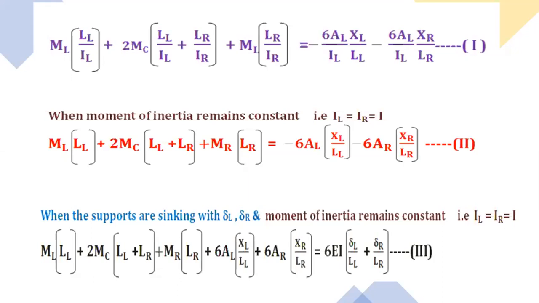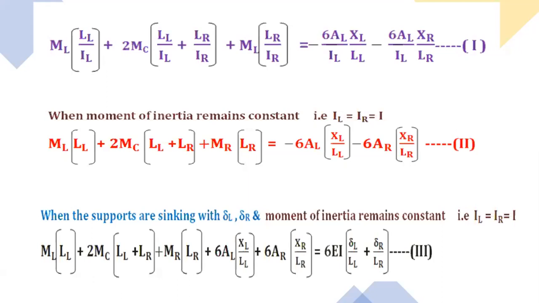This Clapeyron's theorem we can apply to any type of support condition. Either it is 2-span simply supported, 2-span continuous beam, 3-span simply supported, 3-span fixed beam, 1 end fixed, 1 end overhanging, whatever may be the given condition, we will apply these three equations.